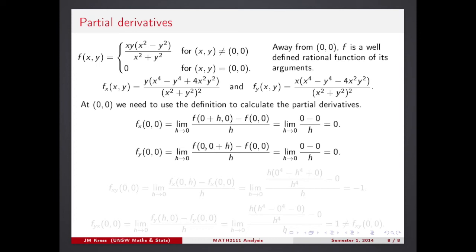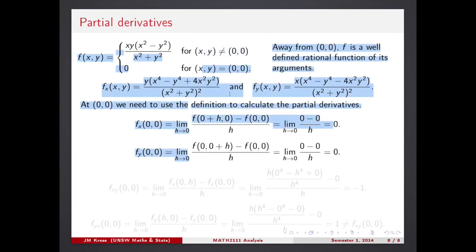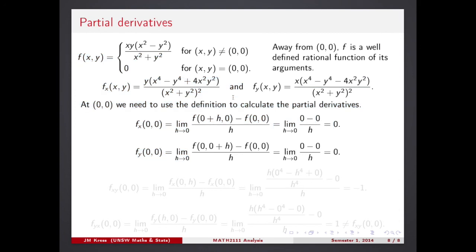The first order derivatives are also functions given by two clauses. The first clause says fx equals this if the point is not the origin, and fx equals this if the point is the origin. It's not said here explicitly, but that's what it is. The same story for the y derivative. So here we compute fxy.